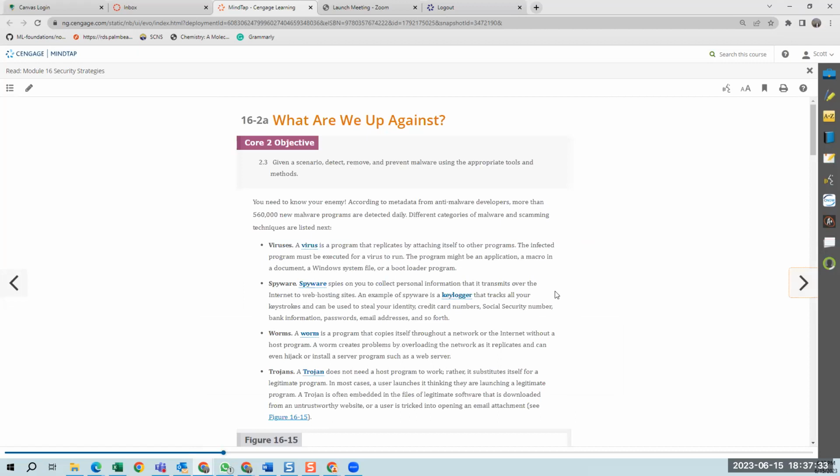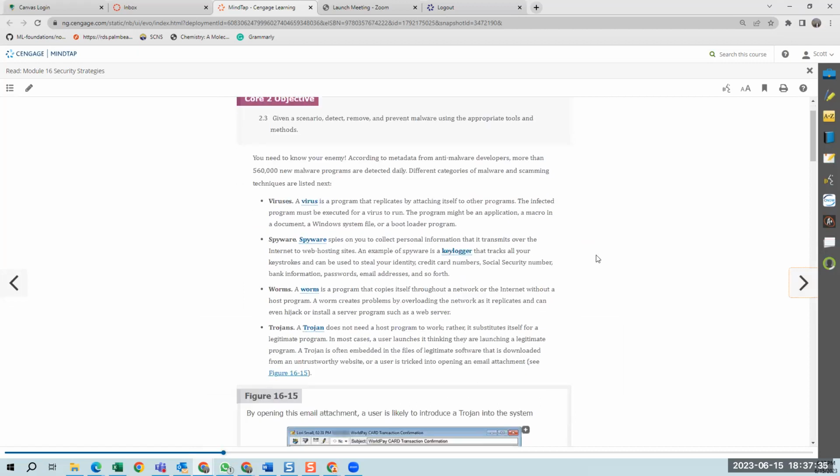So what kinds of things are we having to deal with? There's a virus, and that's a program that essentially replicates itself by attaching to other programs. So let's say you got some software, you bought it from somebody or downloaded it, and installed it on your machine.